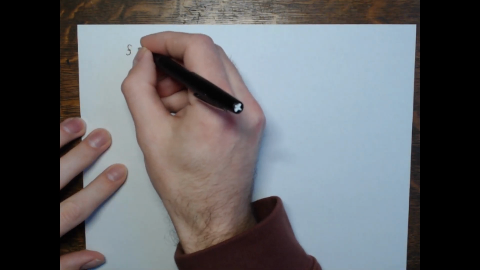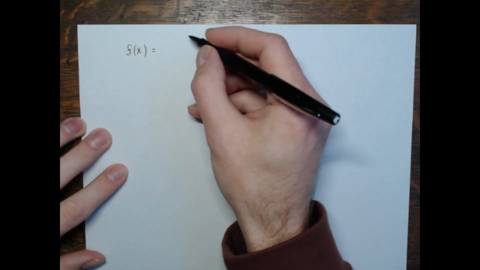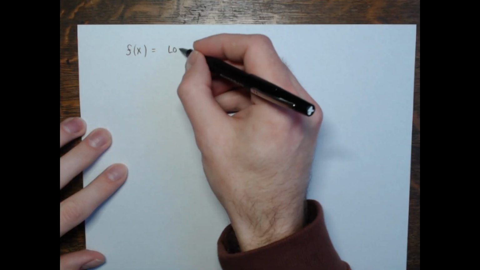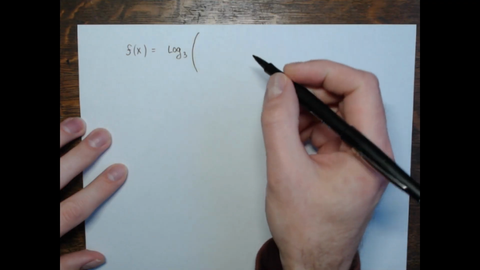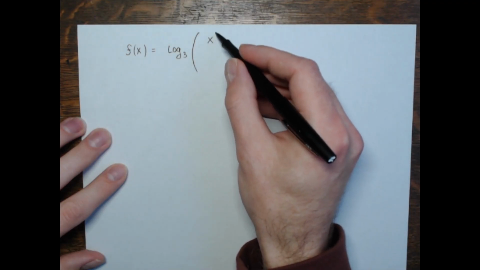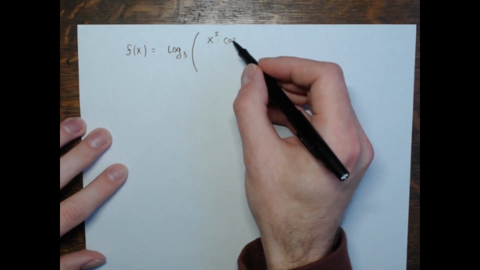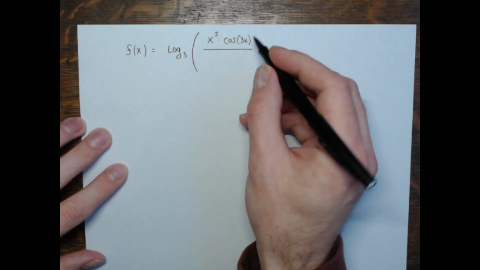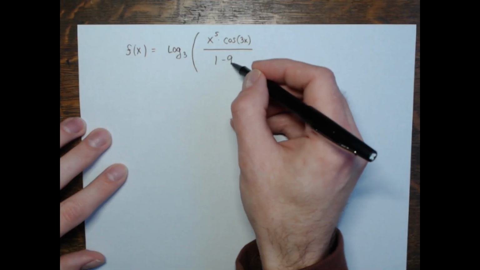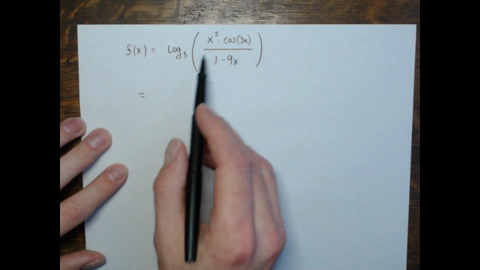So the way it originally looks, I've got log base 3 of, and then this x to the 5th times the cosine of 3x in the numerator and 1 minus 9x in the denominator. So again, I'm going to use properties to rewrite this.